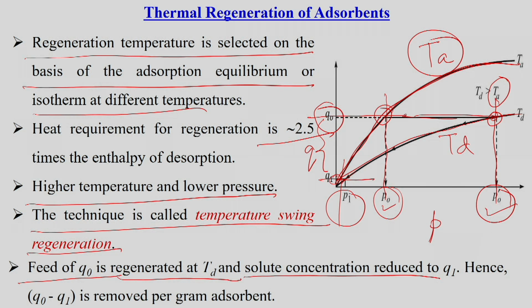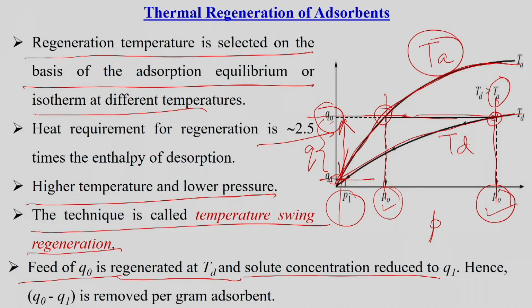So when the adsorption process is over and the temperature is raised from Ta to Td, the Q0 minus Q1 amount of the solute will be regenerated during the desorption process. That is very effective, especially for the separation of gas from the adsorption process.